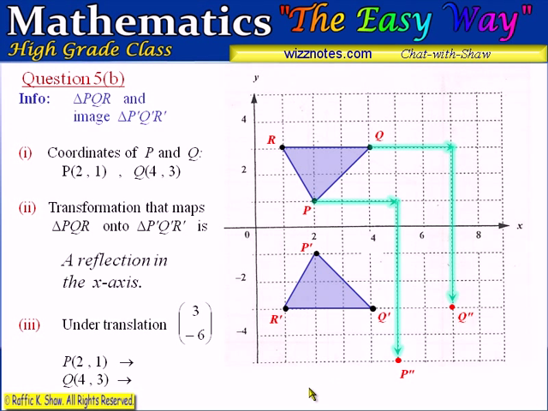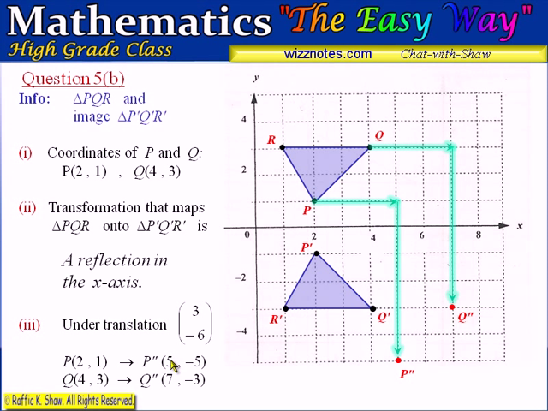That's why we're having these 2 points, right? And then we can therefore show the result of the translation. P double prime is (5, negative 5), and Q double prime is (7, negative 3).